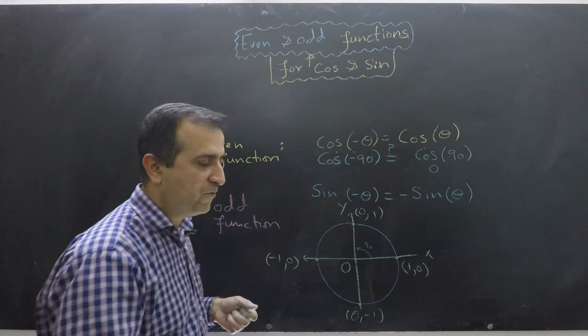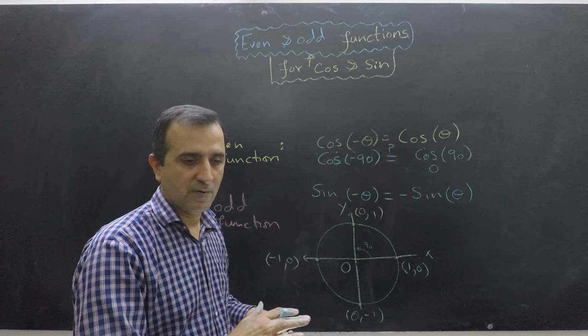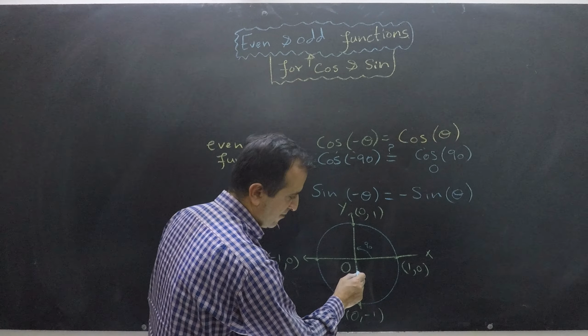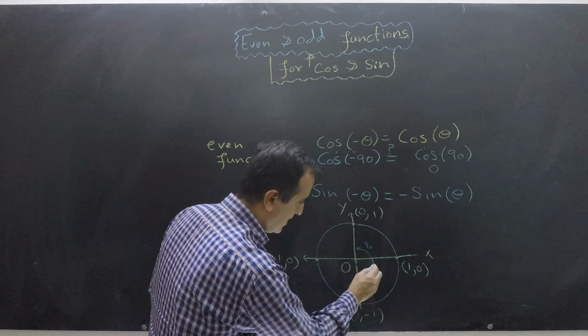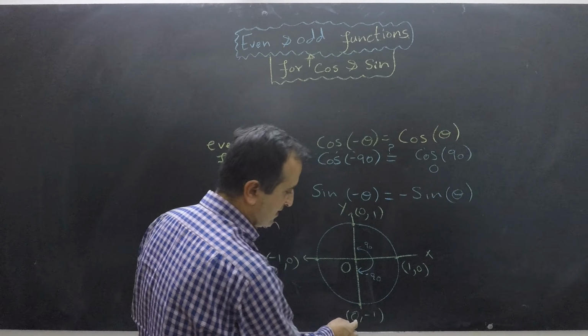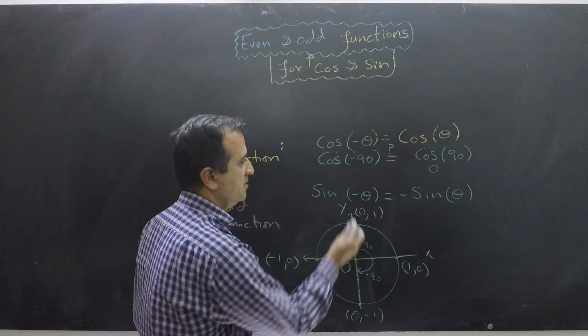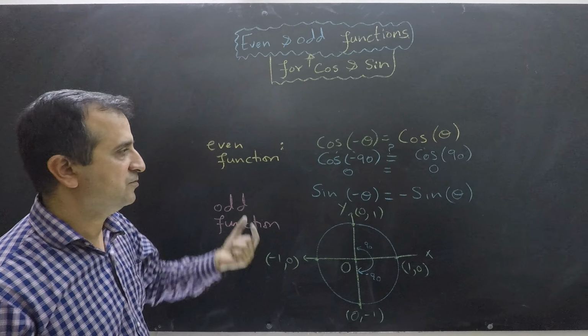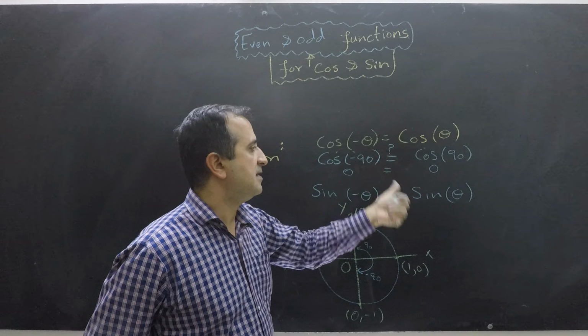For minus 90 we go in the clockwise direction. This is our minus 90. What is the value of x at minus 90? 0. So you see that because it is an even function, cos minus 90 is equal to cos 90.